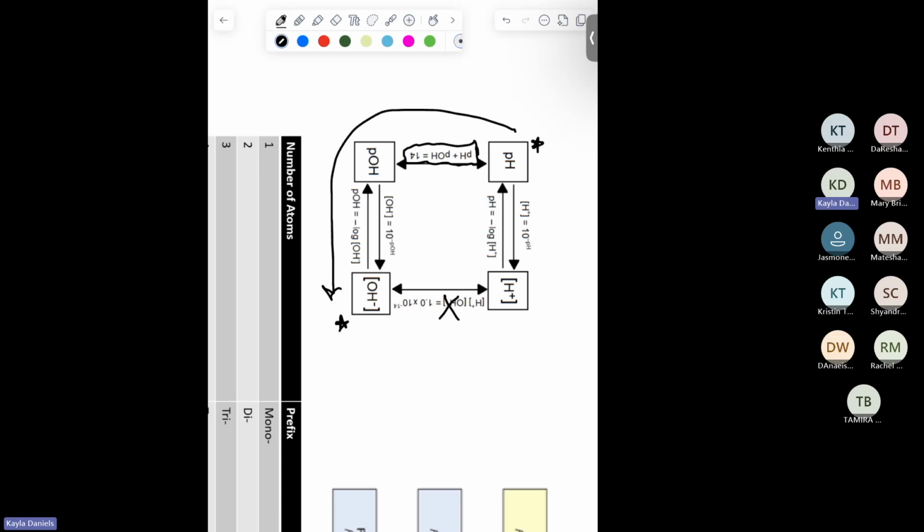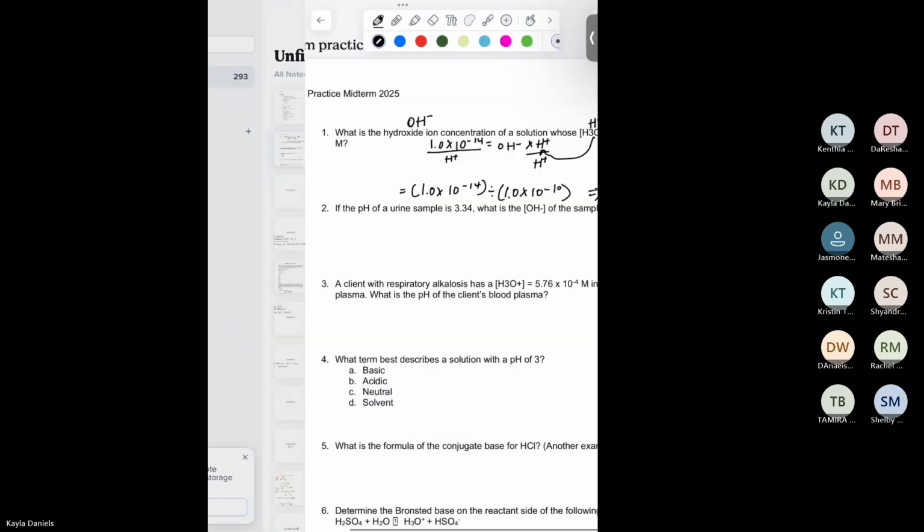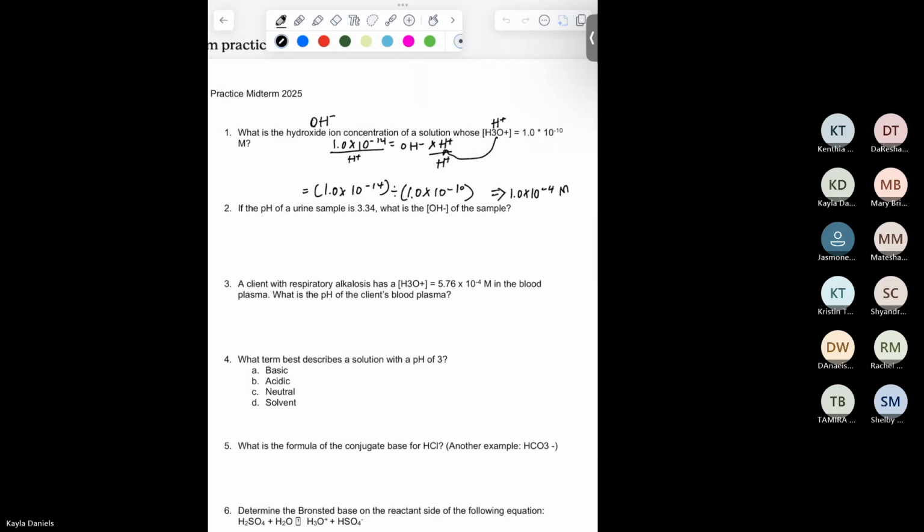The second step, I'm going to use the 10 to the negative pOH formula. So first step, pH plus pOH equals 14. I have pH, I want to know the pOH.